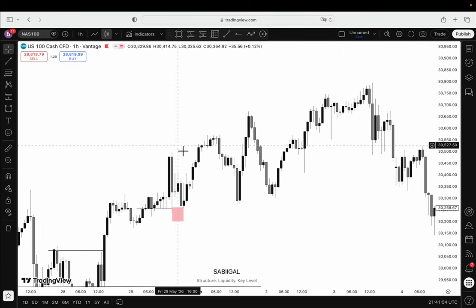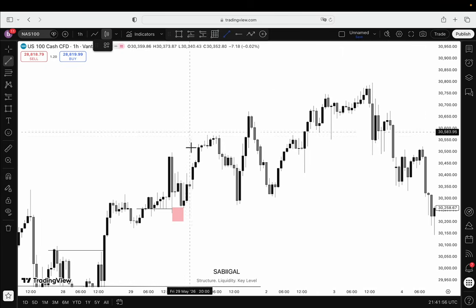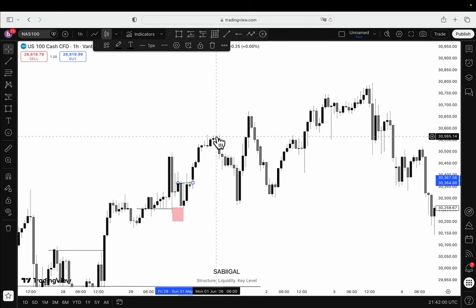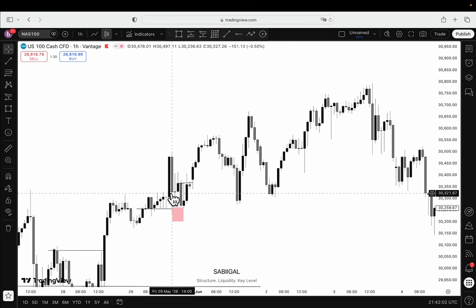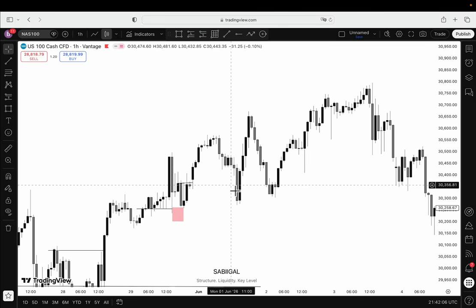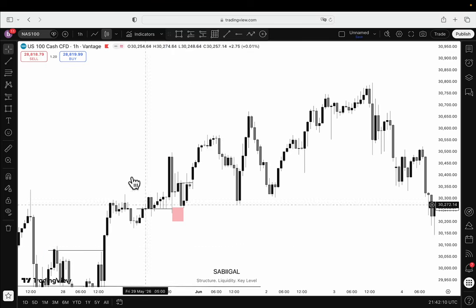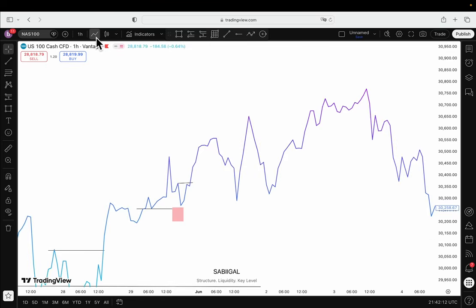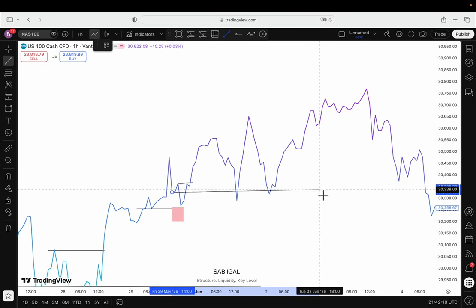Okay, and for the 1 hour we had this as our first breakout, just right here, and it broke out. And as you know me, this right here is a QM arrow. Another thing I want you to note is this. You see all these long wicks like this? That's why I said I will talk about these line candles. If you go to the line candle chart here, you see that this is our QM arrow just here.